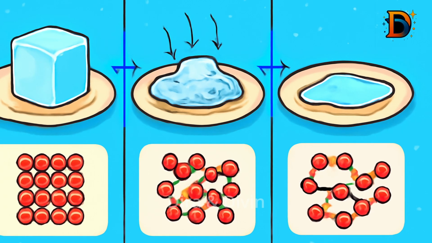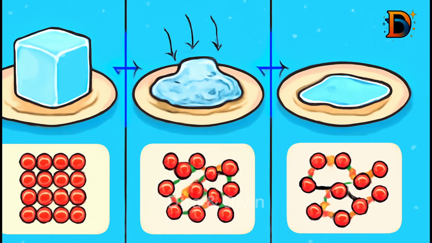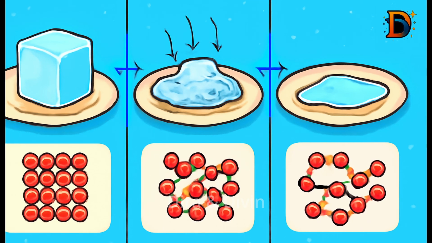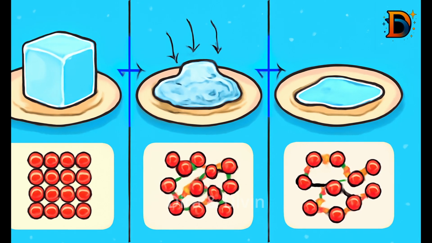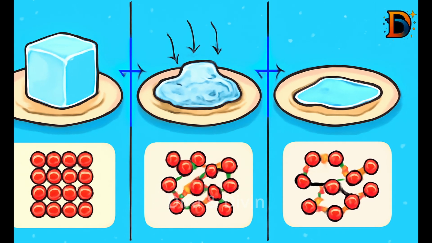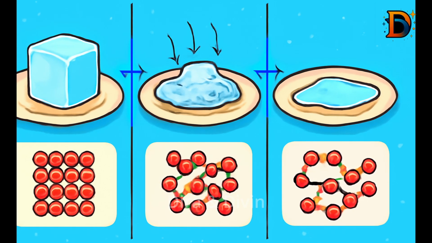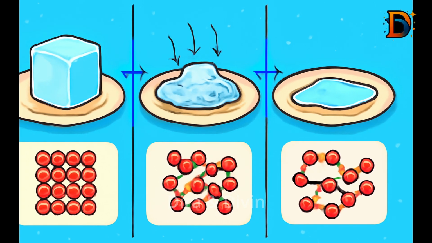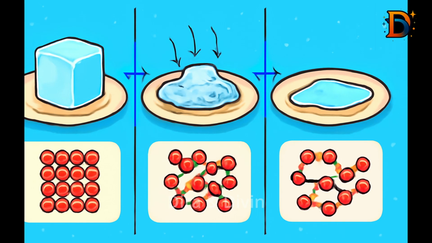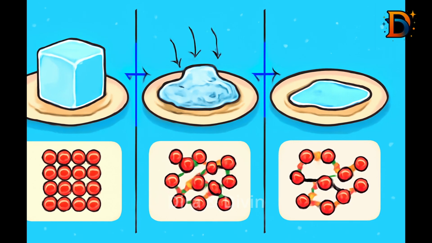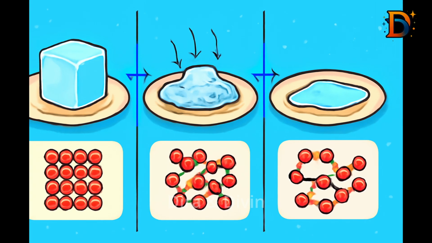Leave the ice at room temperature or put it in a warm spot. Watch as it slowly melts into water. A solid ice turns into liquid water. The water takes the shape of its container.